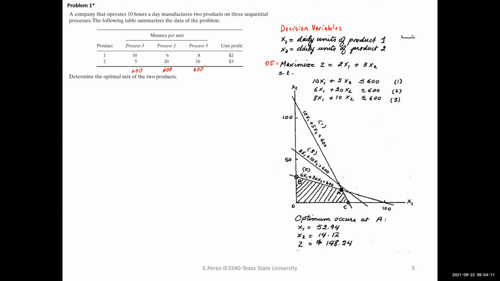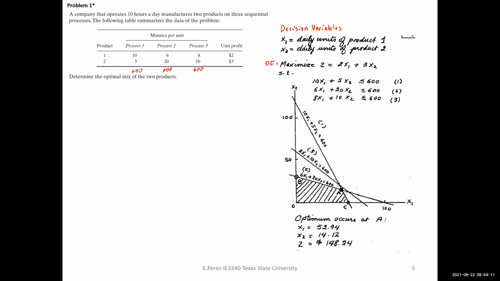And then this is going to be 100, and 0. Using those 2 points, I can plot this other line. After plotting all those lines, I get the feasible region, which is the area where all constraints are satisfied. Using this information, I can find the optimal solution in this region.